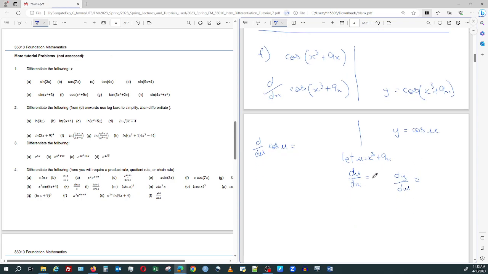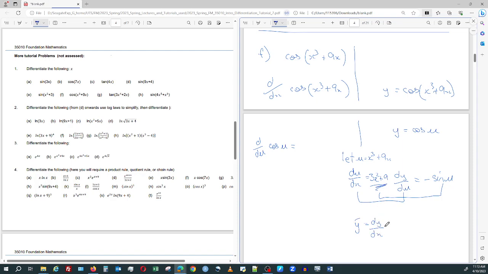If we go through and do the actual differentiation, we'll get 3x squared plus 9. So that's the first part of our chain. The differential of sine is cos. So the differential of cos is minus sine. They're your chains to put together. So you put your chain together, y dash, dy dx.